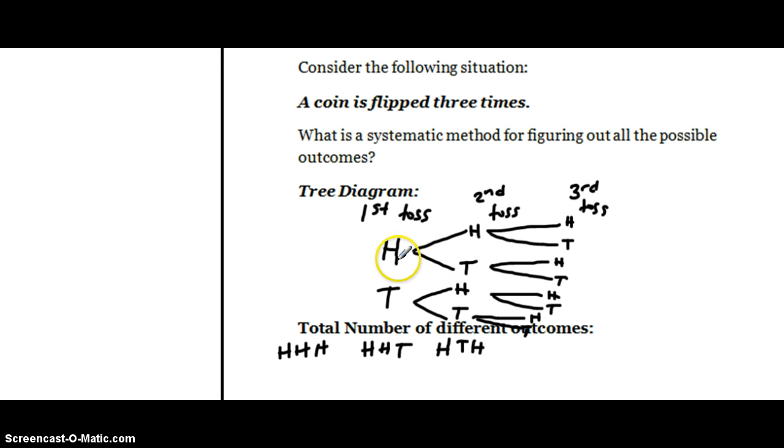And then heads, tails, tails. We could also get tails first, so it'd be tails, heads, heads. And then tails, heads, tails. And tails, tails, heads, and tails, tails, tails.